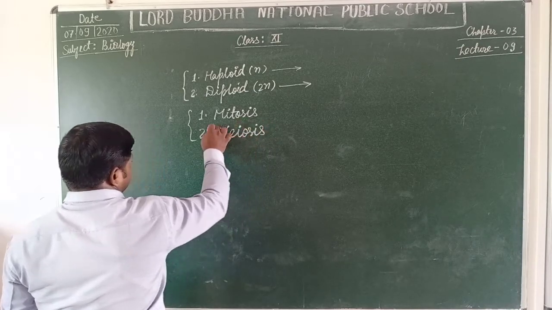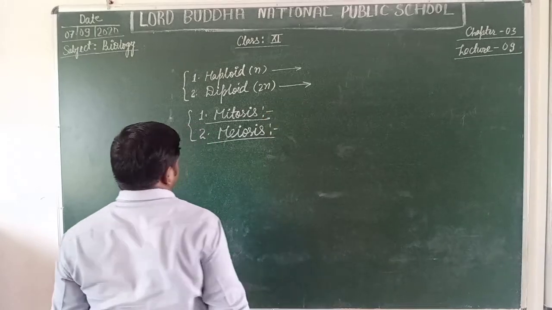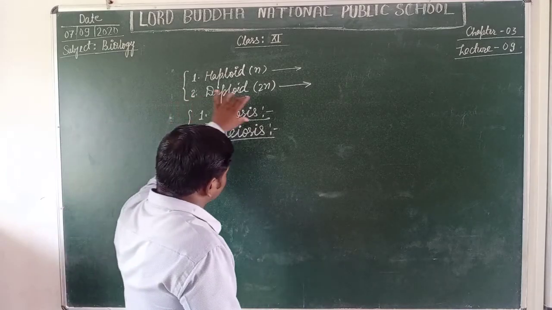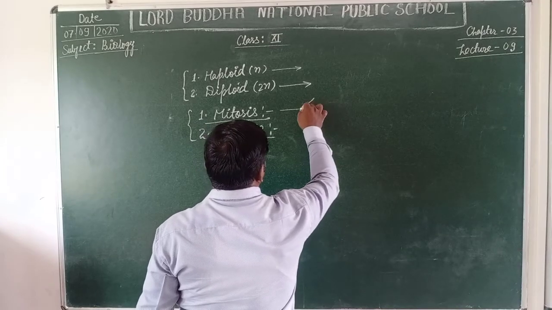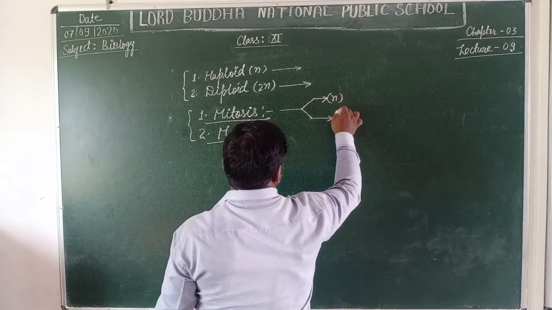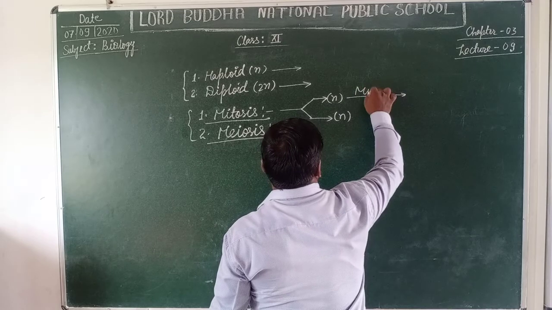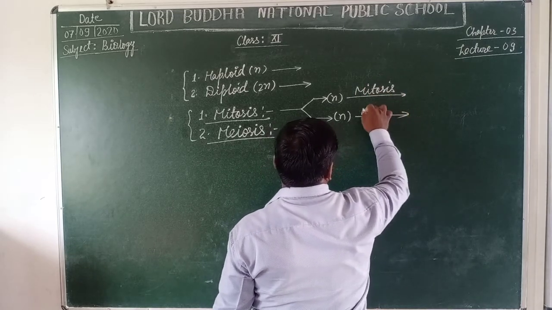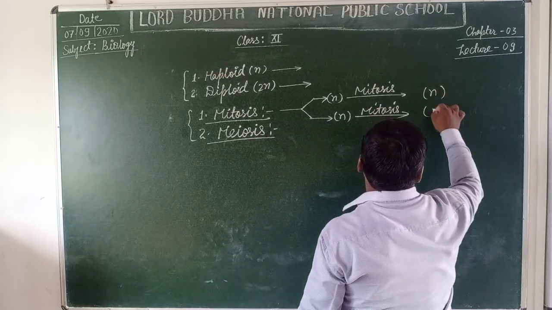Students, what is mitosis and what is meiosis? This is the type of cell division. In mitosis, if the cell contains a haploid number of chromosomes, then the individuals formed after the mitosis also contain the haploid number of chromosomes.